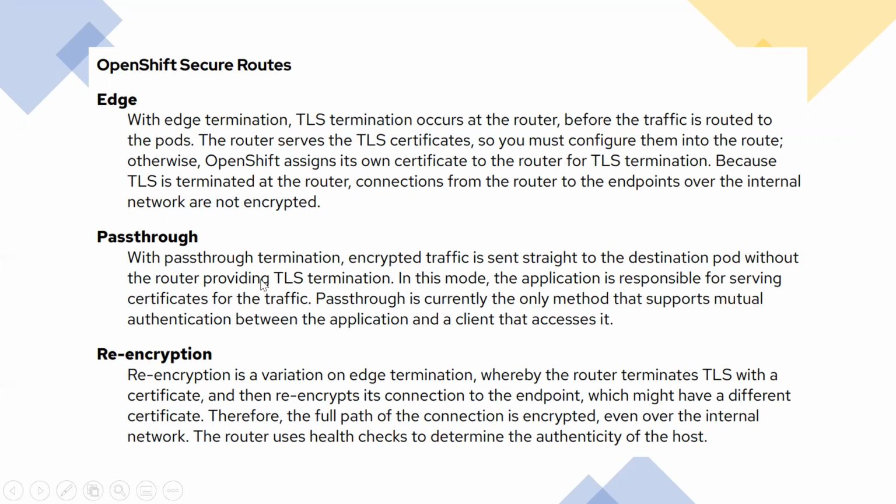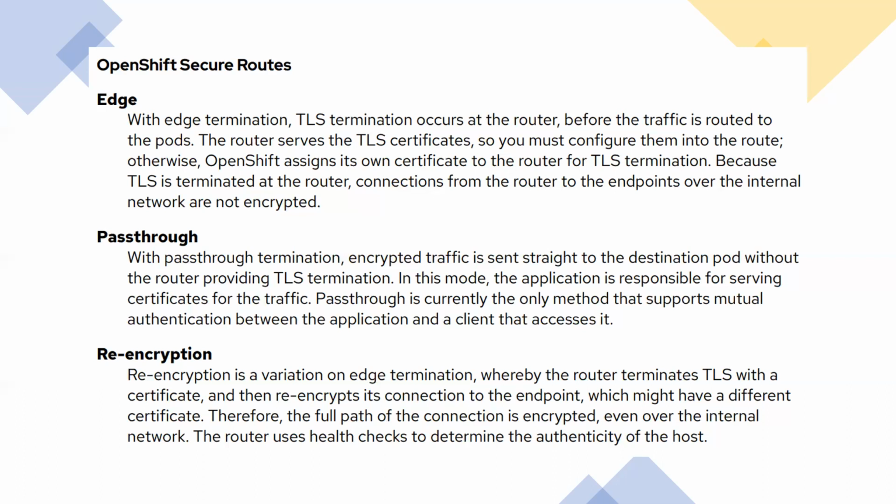This problem can be addressed if we use the pass-through route. Here, from the client to your application container, all connections are secure and use SSL and TLS. This TLS will terminate at your container itself, not at the route.